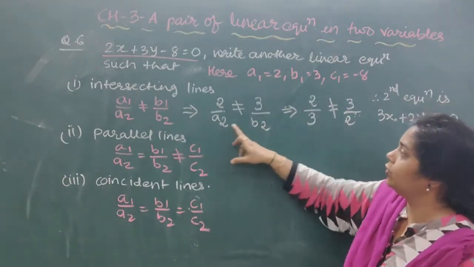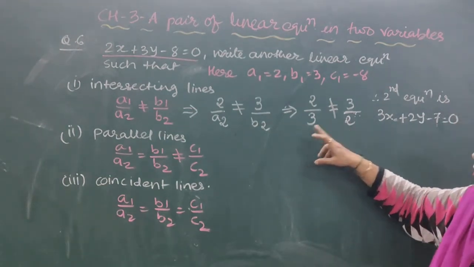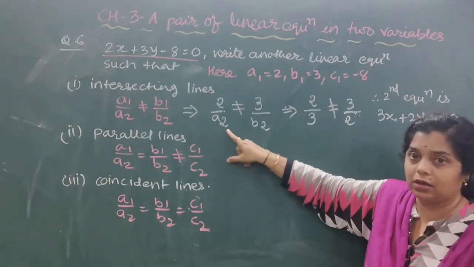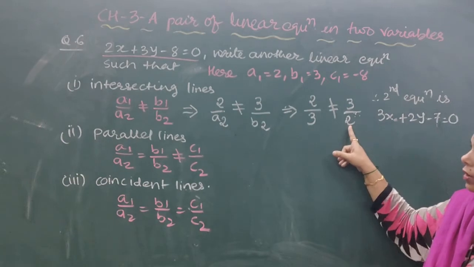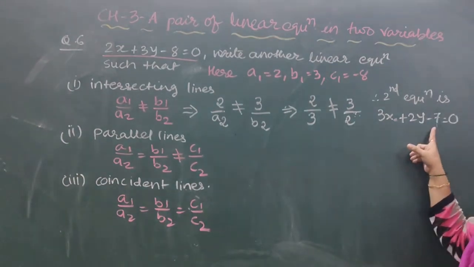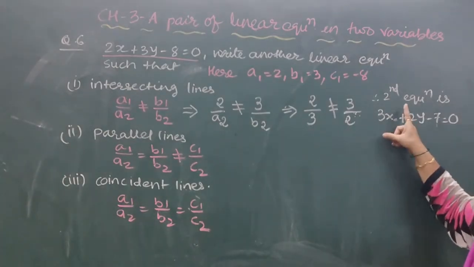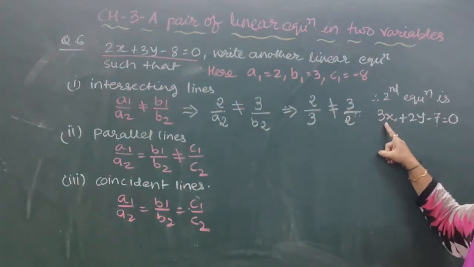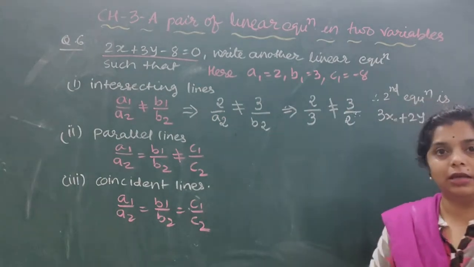As I take A2 is equal to 3, B2 is equal to 2, my other equation will be 3x, as 3 is the coefficient of x, that is A2, and B2 is 2, so it is the coefficient of y. So 3x plus 2y minus 7 is equal to 0 is the other equation. So this and this are the pair of equations by which we will get intersecting lines.